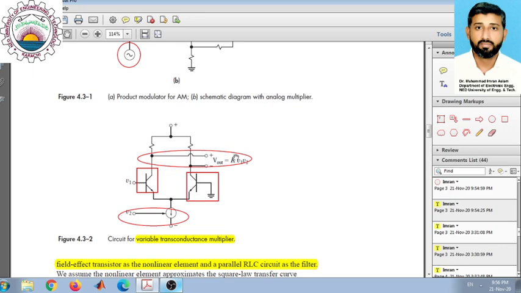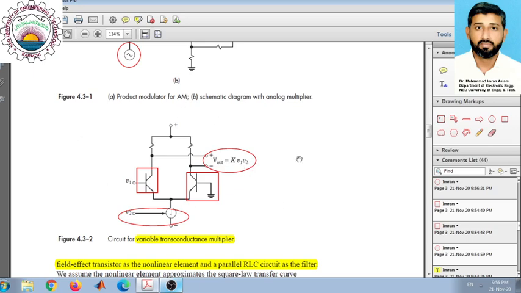Whatever output you see at this differential side becomes dependent on the voltage multiplied by the variable gain, which is proportional to the voltage V2. So the output voltage becomes proportional to the product of V1 and V2.